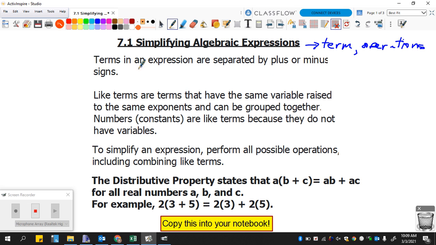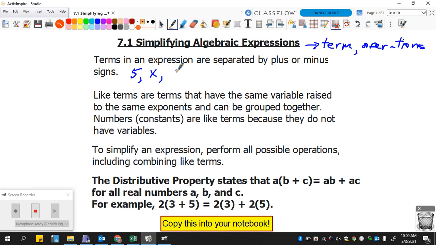So terms in an expression are just either numbers or variables or a combination of a number and a variable that are separated by the plus or minus signs or by parentheses sometimes, okay? So it could be something like 5 is a term. That's a constant. x is a term.